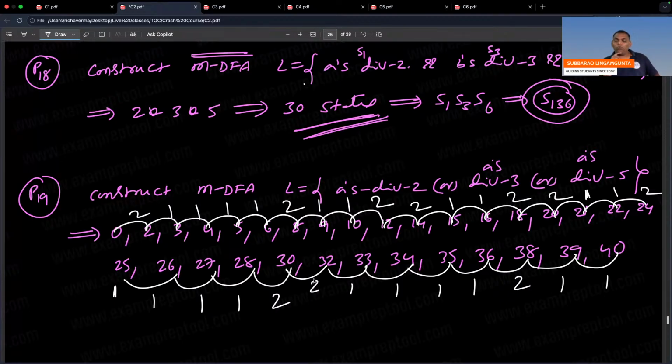Verify: 2, four 1s, 2, followed by 2, double 1, 2. Check if anything common is repeating.